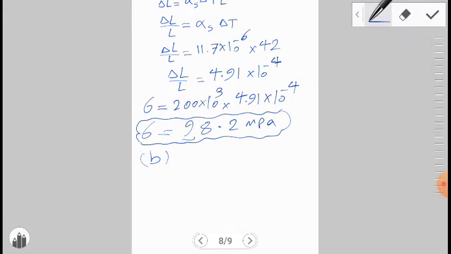For part B, we have different members, different tracks with 10 meters length and 3 millimeter gaps. For example, we have this condition. You can see, for example, here is that 10 meter, and these gaps are just 3 millimeter.